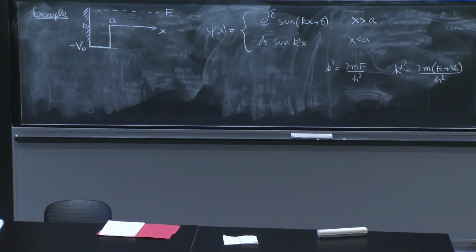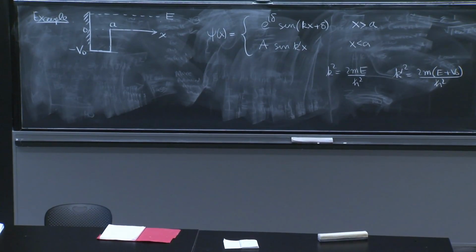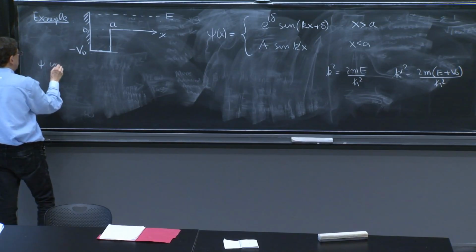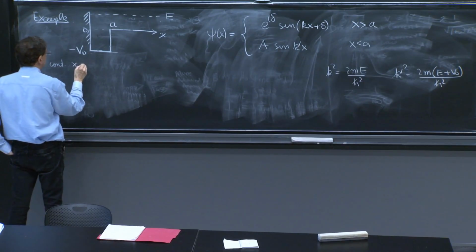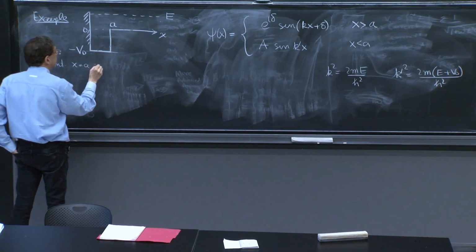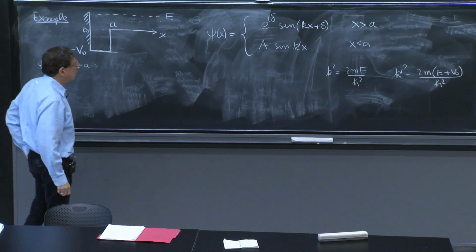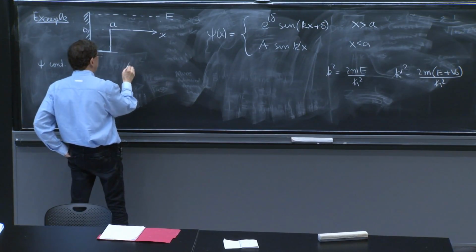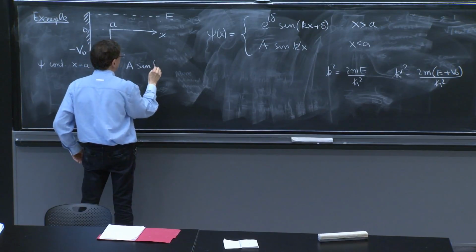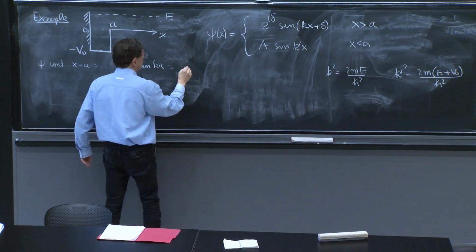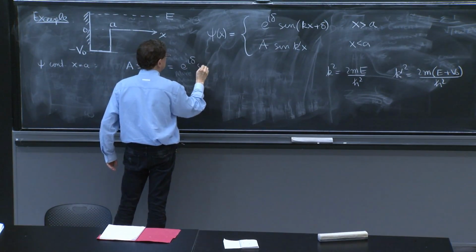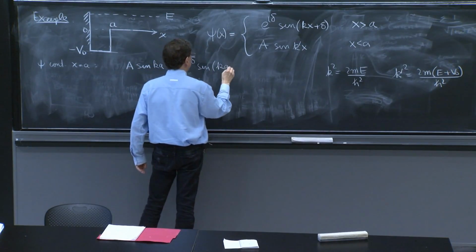Now we have boundary conditions at x equals a. So psi continuous at x equals a, what does it give you? It gives you A sine of k prime a is equal to e to the i delta sine of (ka plus delta).